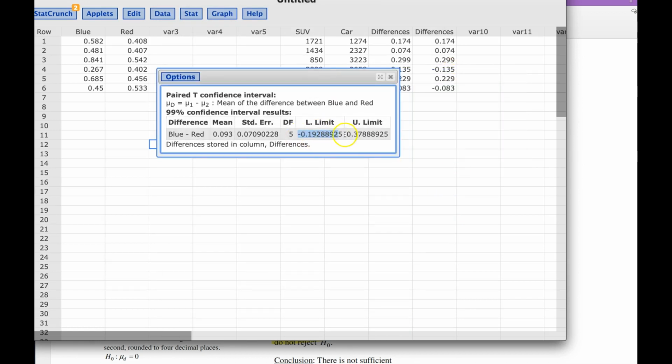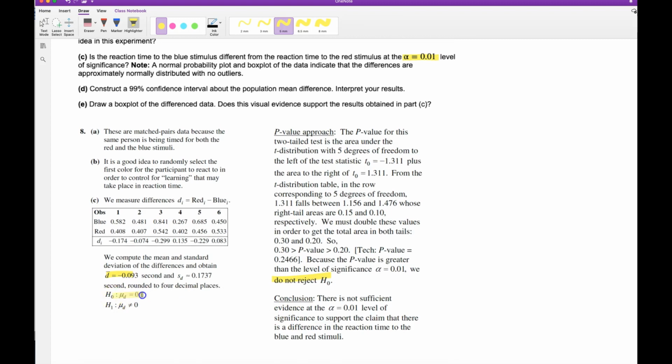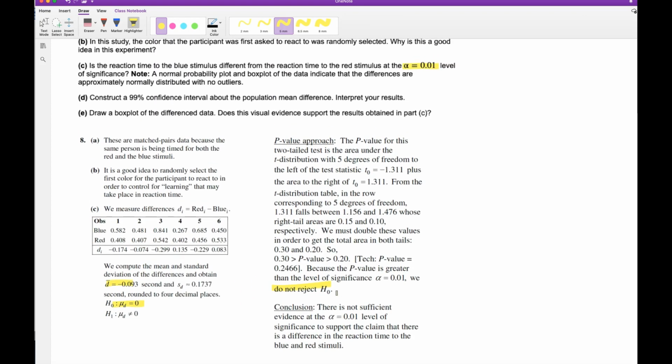You get from negative 0.19 to 0, so we're 99% confident the difference between these two groups is somewhere between a negative number and a positive, which means since it contains 0, it's potentially no difference. That's why we fail to reject. The confidence interval contains 0, so it's possible that the mean difference equals 0. Do not reject the null hypothesis.